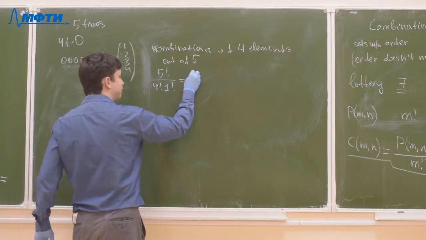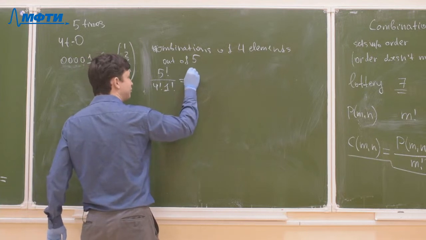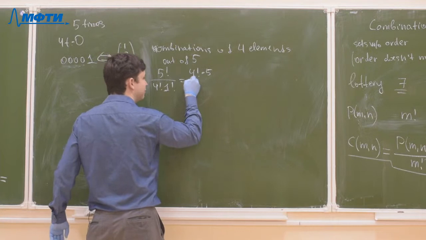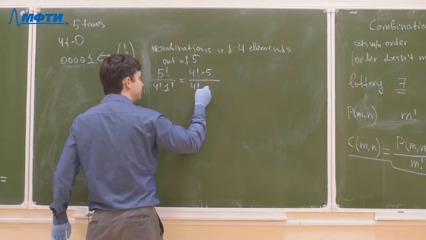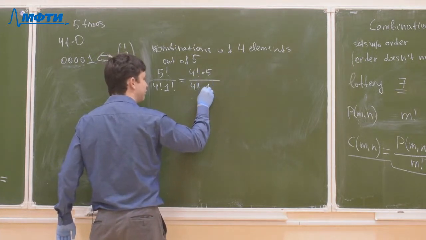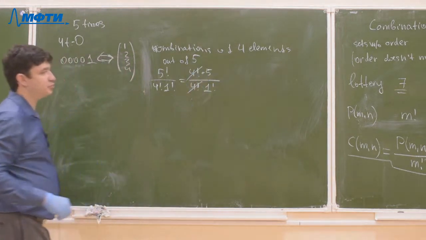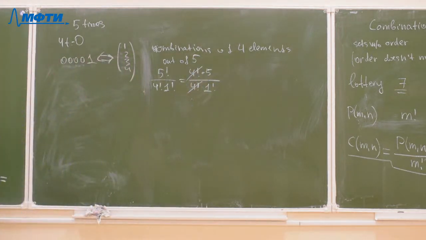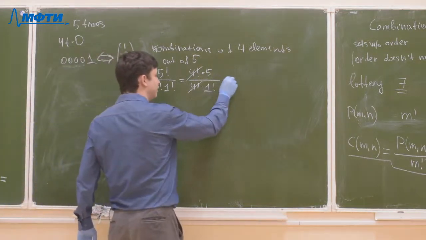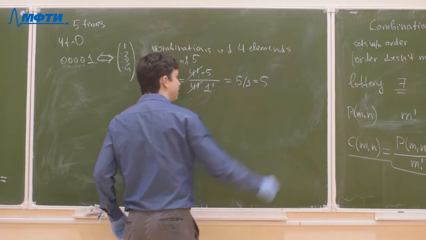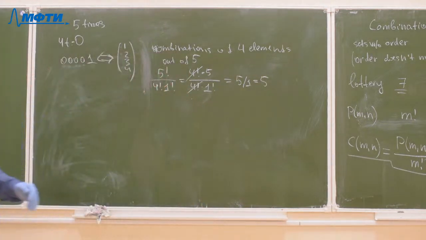So what is 5 factorial? 5 factorial can be written as the product of 4 factorial by 5. Then I divide by 4 factorial and by 1 factorial. 4 factorial is cancelled out, so I have only 5 over 1, which is 5. So I only have 5 combinations which satisfy the condition that I have only 4 zeros.